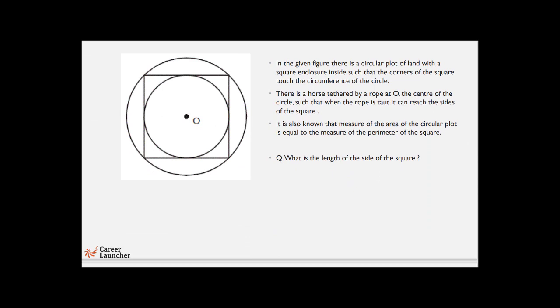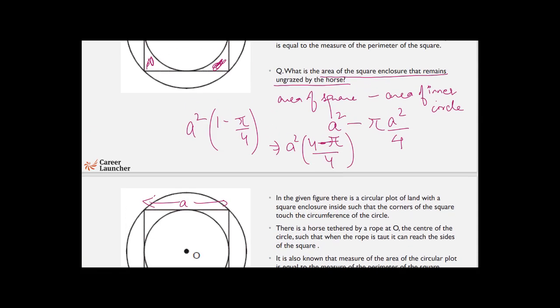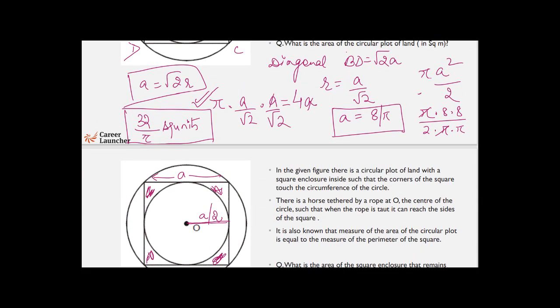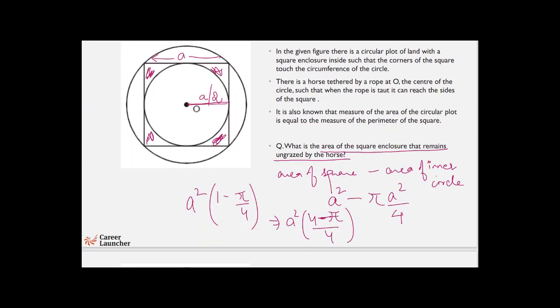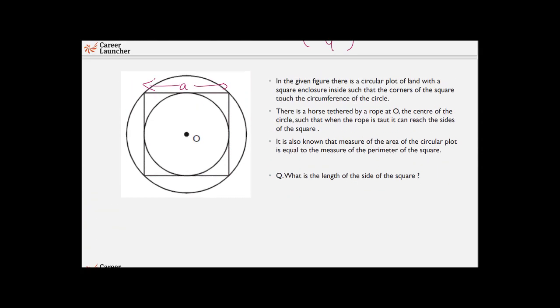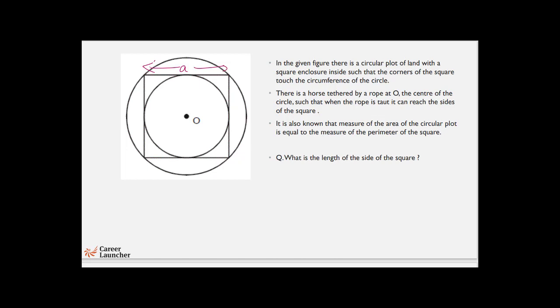The next one is, what is the length of the side of the square? That means A. And if we recall the calculation in the first question, we found A as 8 upon pi. So we have already found the answer for this question, that A is equal to 8 upon pi.